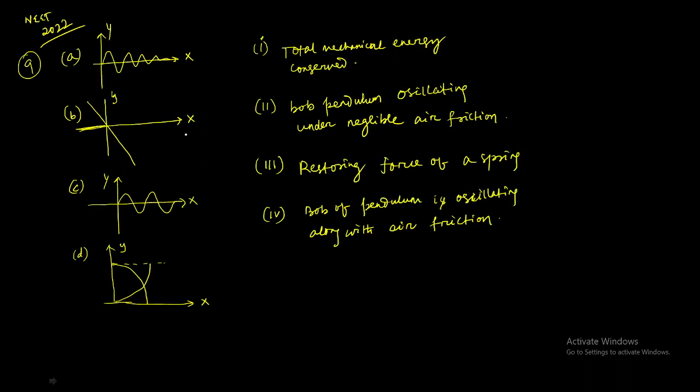Now see the ninth question. In this question you have to match list 1 and list 2. This will be your list 1 and this will be your list 2. So you have to match list 1 and 2. First, the graph A: the amplitude keeps on decreasing. That means there is some friction happening, that's why the amplitude keeps decreasing. Just take an example.